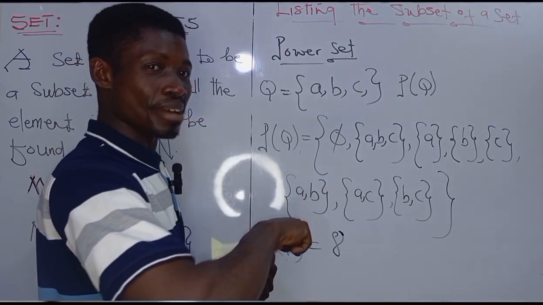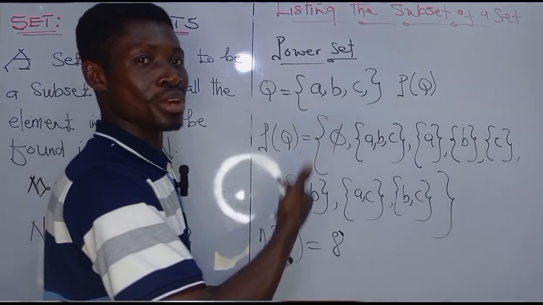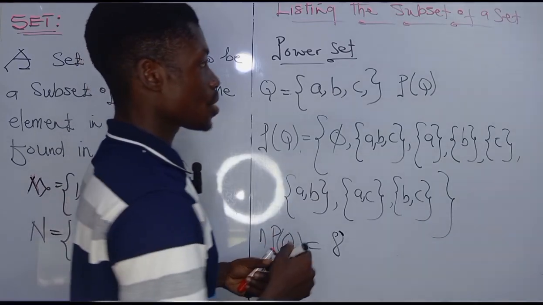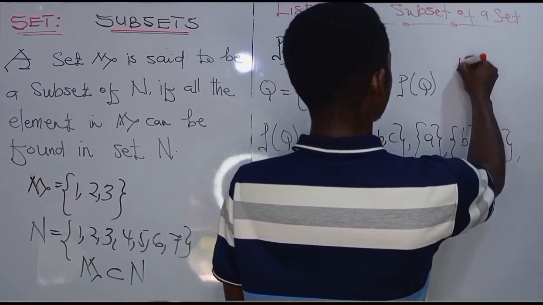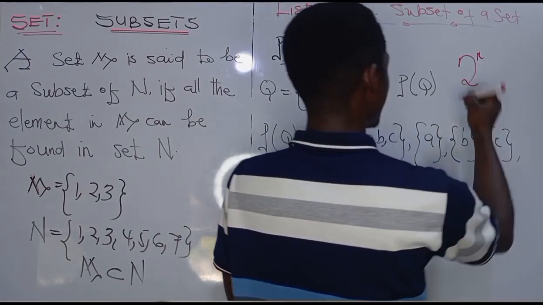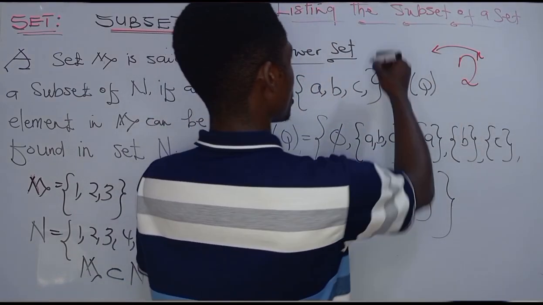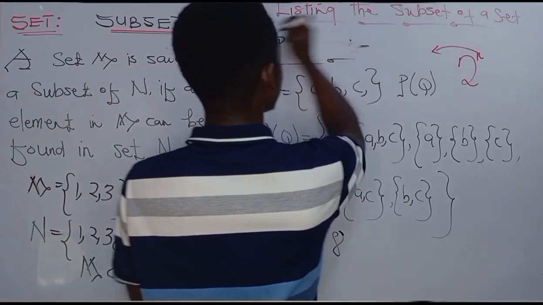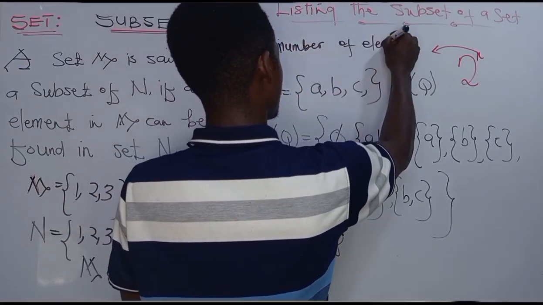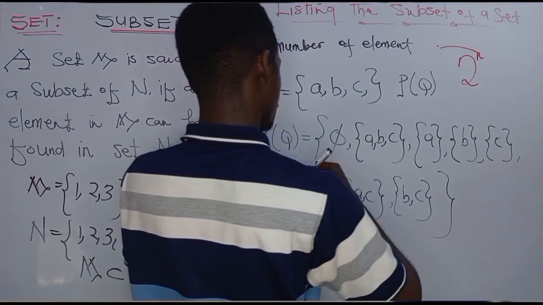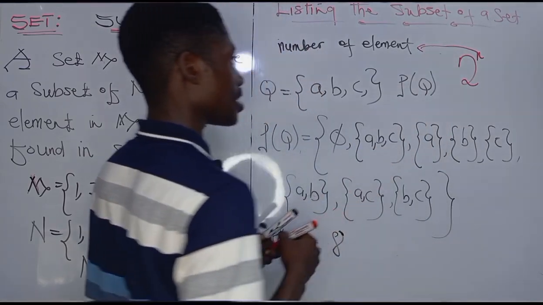Now, if you want to find the number of subsets of a given set, we are going to use the formula 2 raised to the power n, where n is the number of elements.